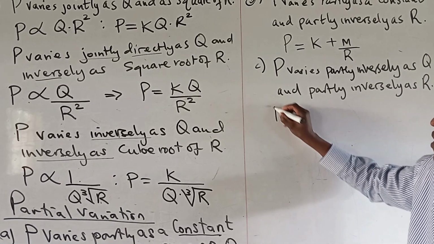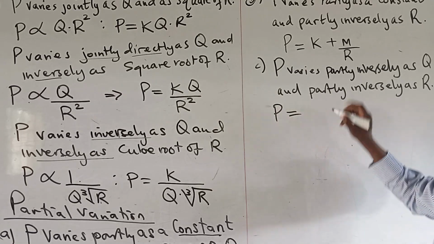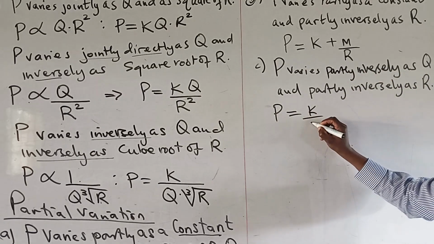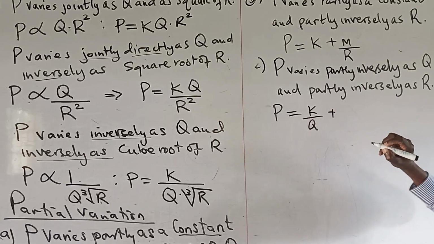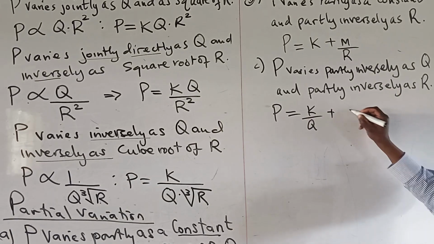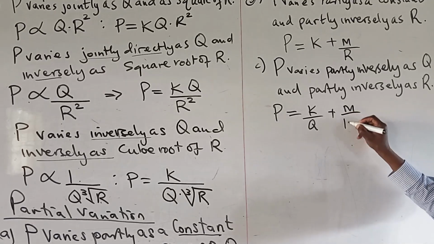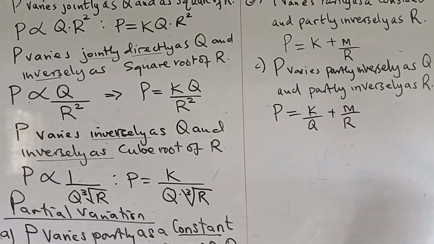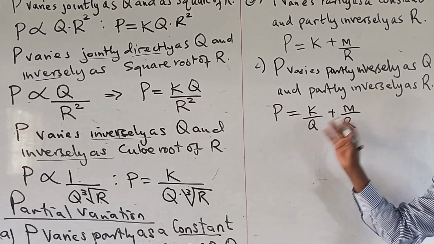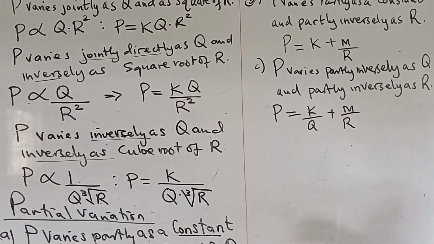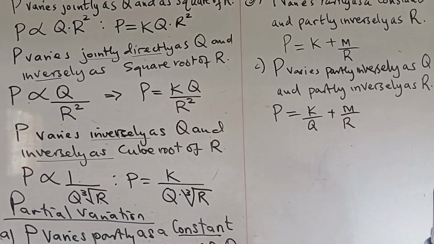We have P varying partly inversely as Q, so we have K all over Q plus partly inversely as R. M is a constant, a proportional sign, all over R. And we can have different sets of this coming up in different ways.